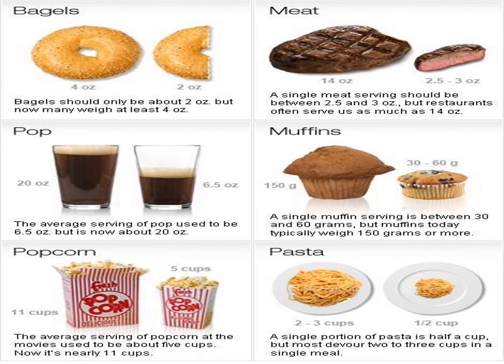When it comes to popcorn, the average serving of popcorn at the movies used to be about 5 cups, but now it's more than twice that, at 11 cups. And then pasta is the most vicious culprit. A single serving of pasta is a half cup for adults, a quarter cup for children, preschool children, but most of us devour 2 to 3 cups in a single meal, which is 6 times more than the appropriate serving size. You can see why there's an increase in obesity rates.